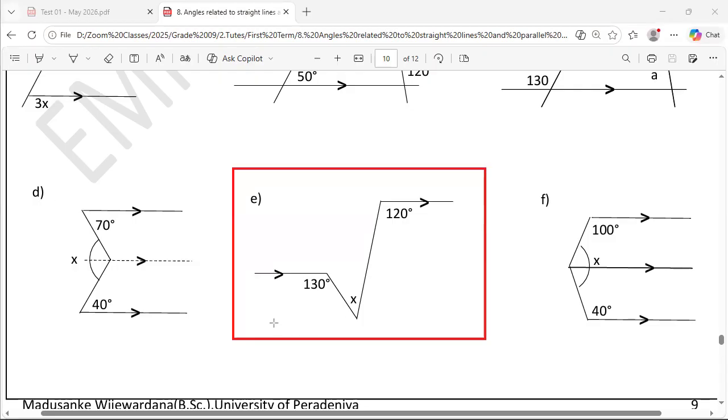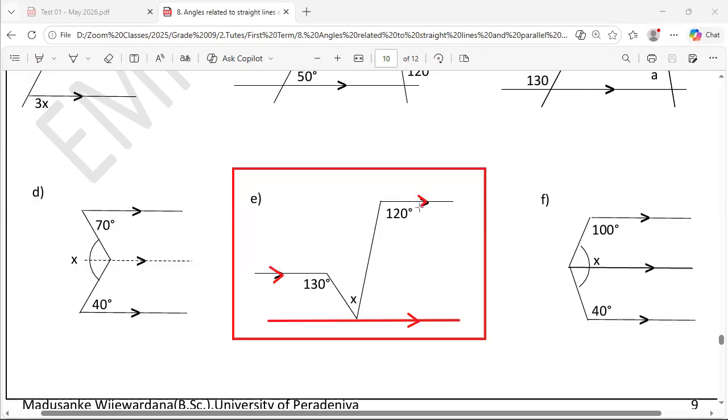So what if I construct a parallel line from here? Parallel to this one, right? For both lines, right? Parallel to this, parallel to this.